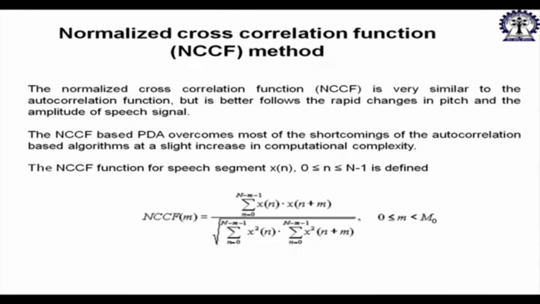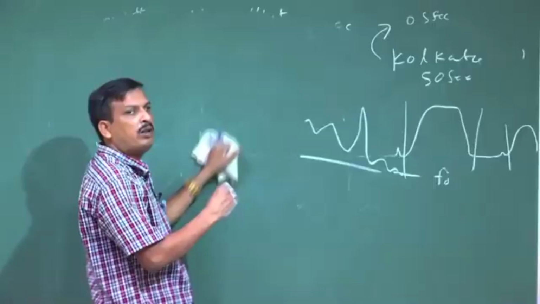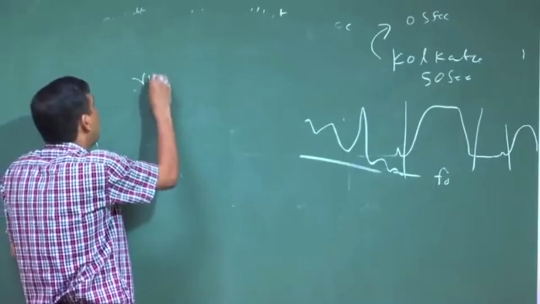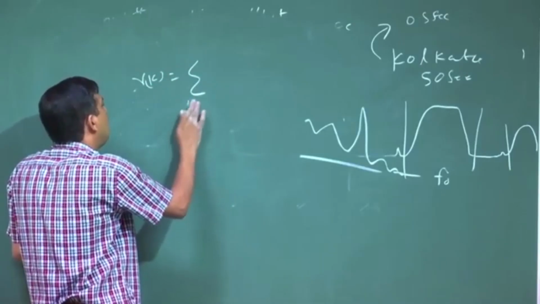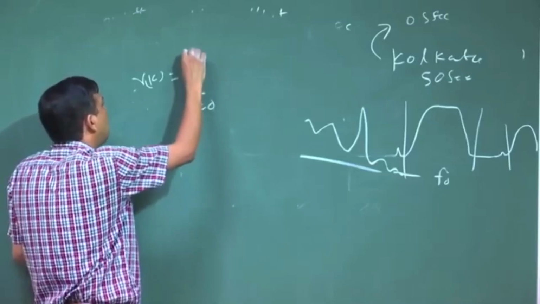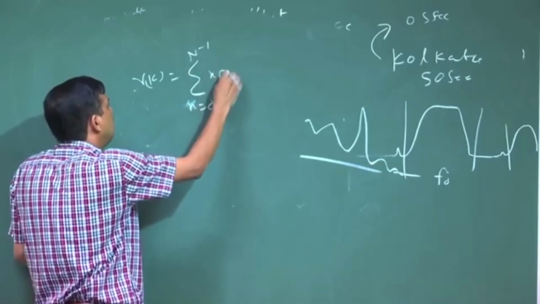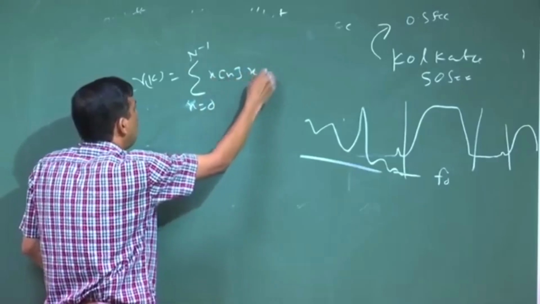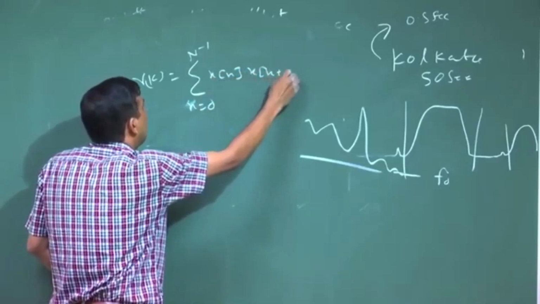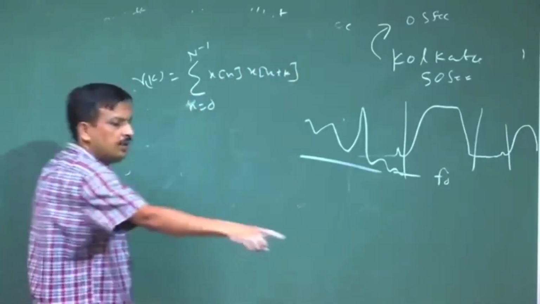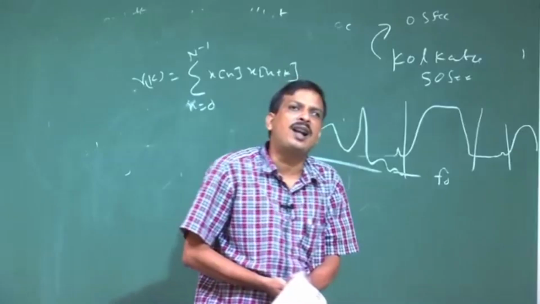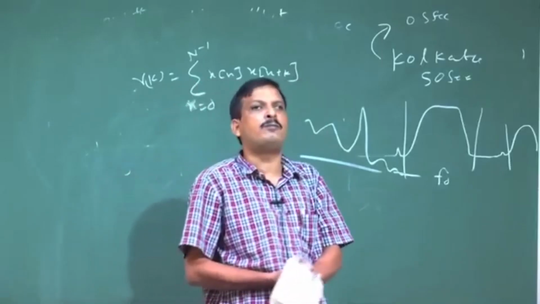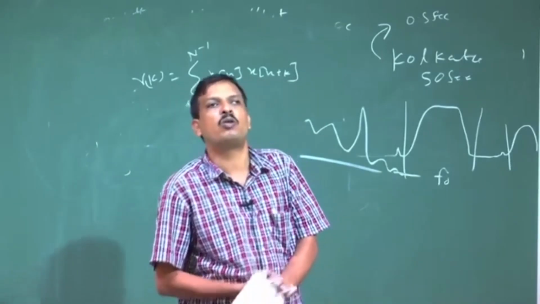Instead of calculating the autocorrelation using Rk equal to sum over n equal to 0 to N minus 1 of x of n times x of n plus k, I am calculating using a different formula. So, this is called the normalized cross correlation function instead of autocorrelation.